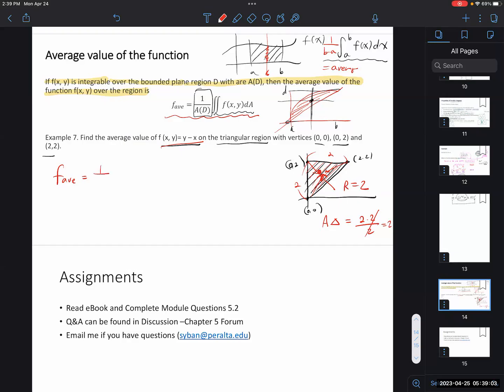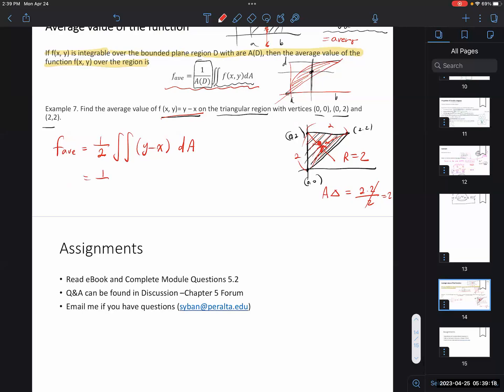So 1 over area, double integral, the function is y minus x, and we have dA. It doesn't matter which one you do first, dx or dy. I want to do dy first and dx later. So what is the y variable?